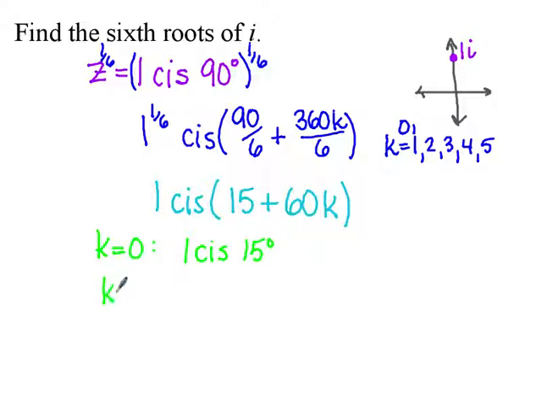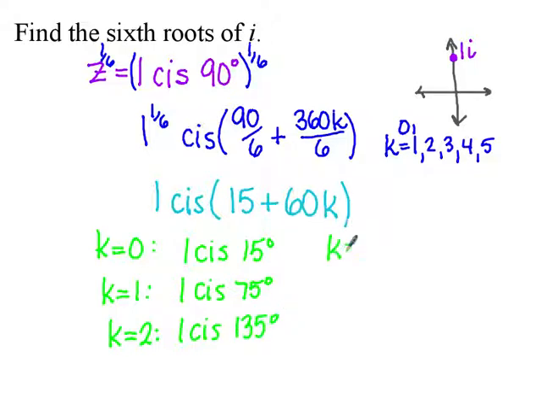When k is 1, I get 1 cis, because you have 15 plus 60, right? When k is 2, I have 15 plus, so I get 135, yep.